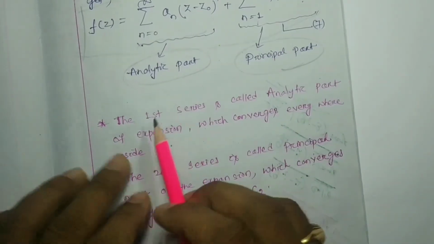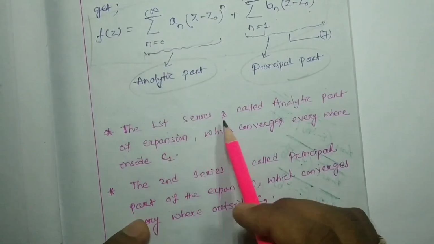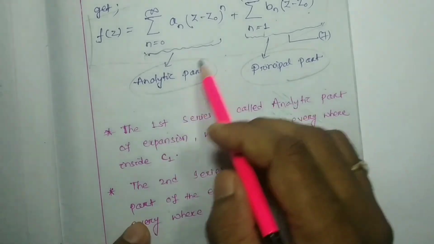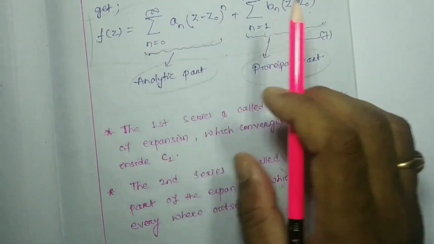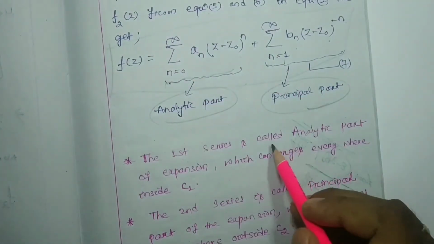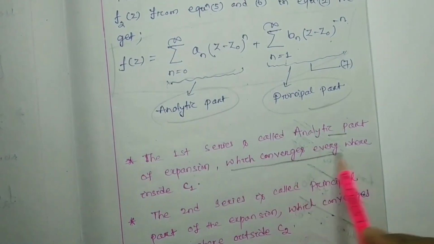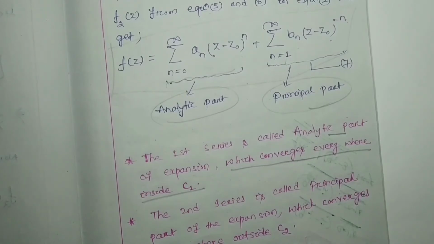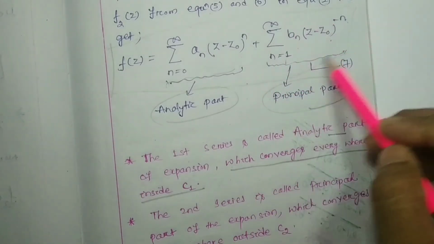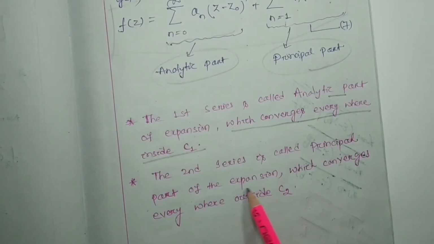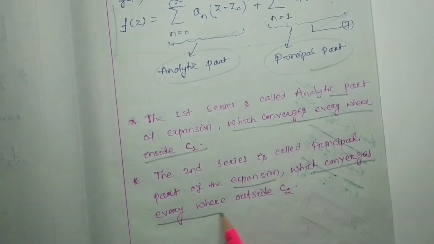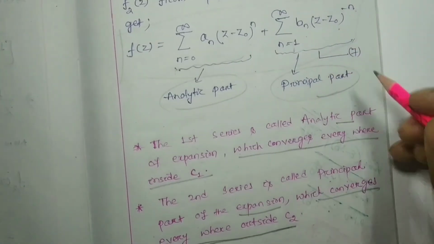Here the first term, the first series, is called the analytic part of the expansion, which converges everywhere inside C1, right? And the second series is called the principal part of the expansion, which converges everywhere outside C2.